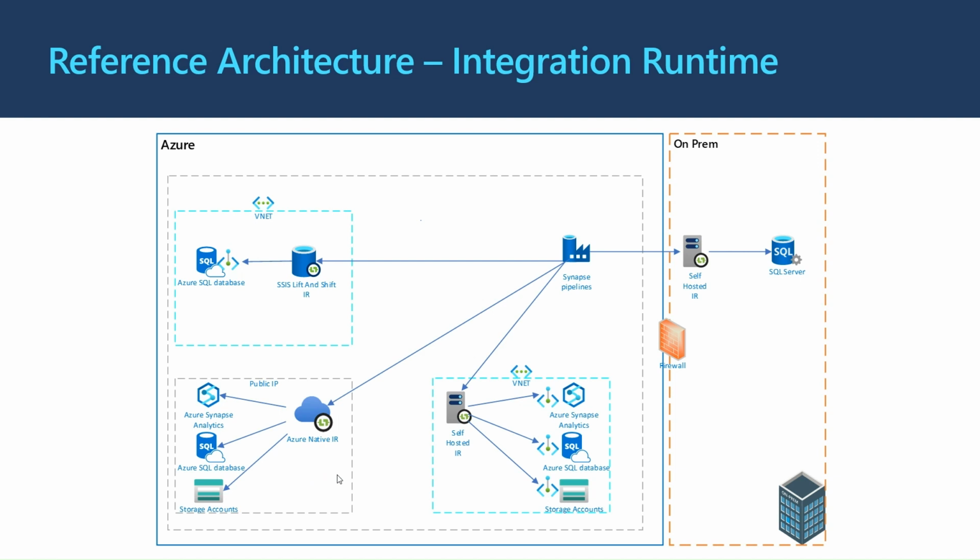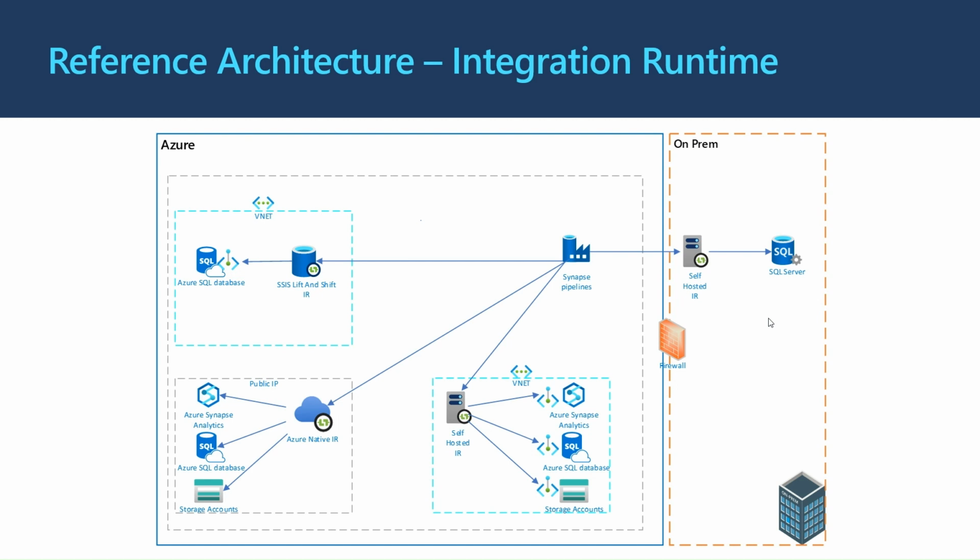So Synapse, SQL database, storage account, all open, and therefore gets to use the Azure native integration runtime, and it's fully scalable, pay by the sip model to meet the needs of the use case or the demand. To the right in the orange dotted box, you're going to see the on-prem environment. And typically we see a self-hosted integration runtime, and that's the integration runtime service installed on a virtual machine, sometimes a physical machine, in order to make that trusted communication.